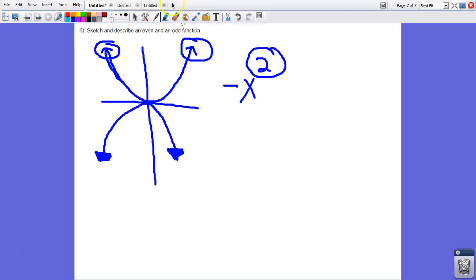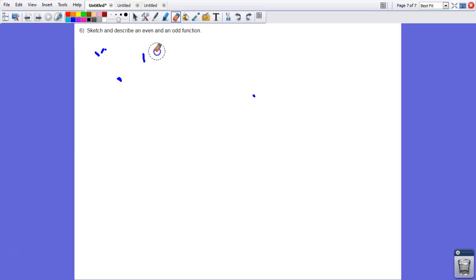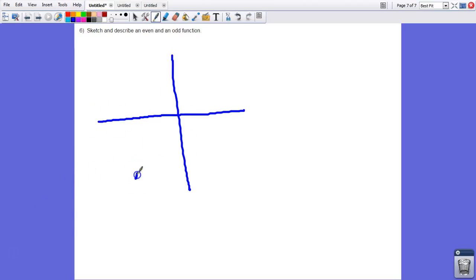And an odd function would be, like if we look at the parent function for x cubed, which is just, this is probably a little more symmetrical there.